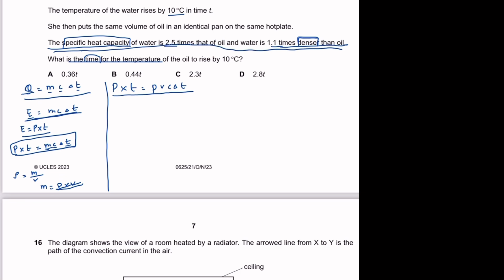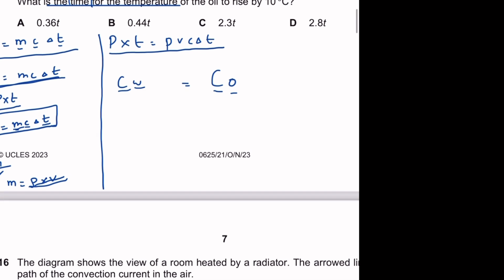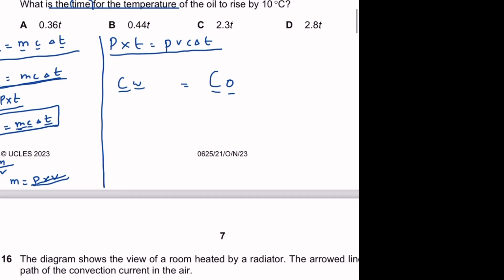The specific heat capacity of water is 2.5 times that of oil, so it means your specific heat capacity of water is 2.5 more than that of oil. Specific heat capacity of water is c w, and o is oil.